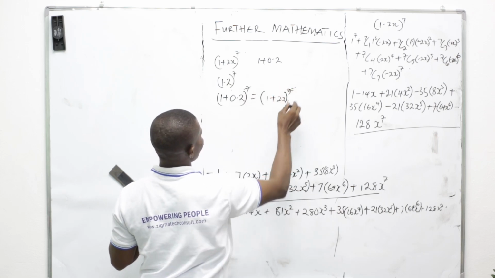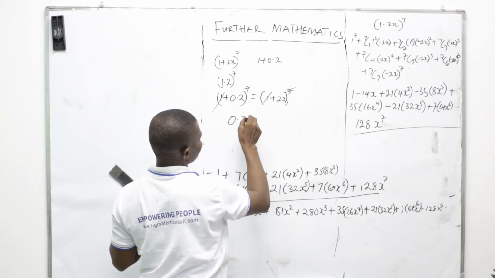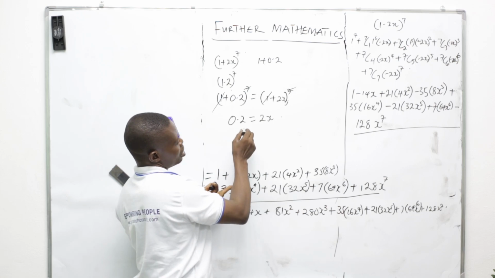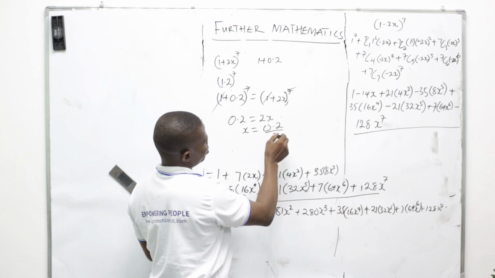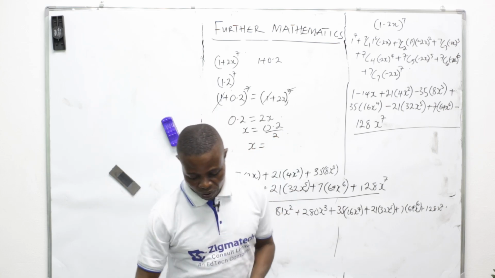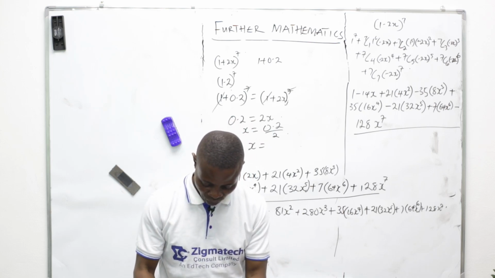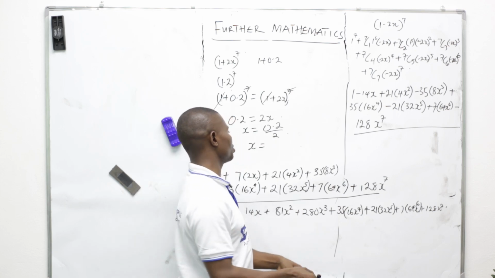This can take care of this, meaning 0.2 equals 2s. Here now, s equals 0.2 all over 2. Therefore, s equals, let's punch the calculator, 0.2 over 2, s is 0.1.